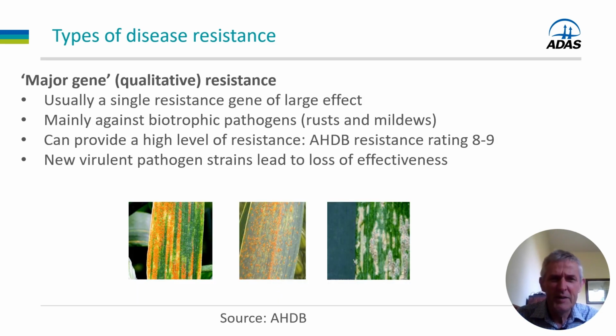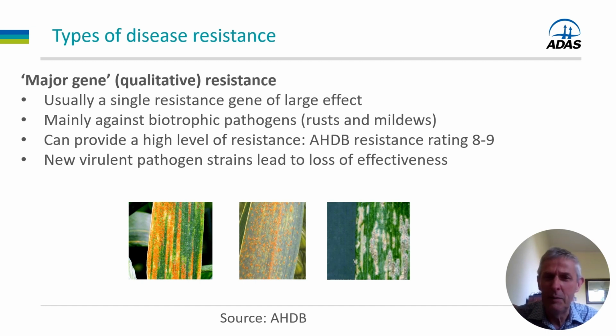In contrast, the second type of resistance, which we're calling here major gene or qualitative resistance, is usually coded for by a single disease resistance gene of large effect. It's mainly used against the biotrophic pathogens, the rusts and the powdery mildews, and it can provide a really high level of resistance, close to immunity.